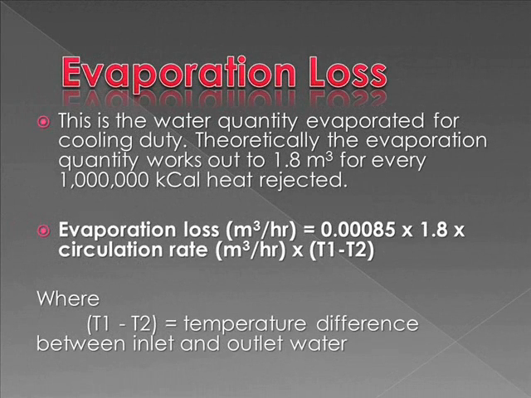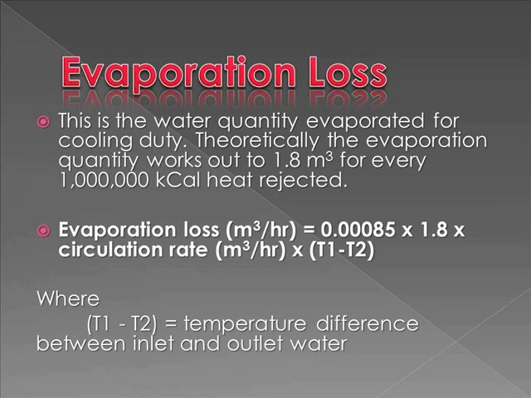And finally, evaporation loss is the water quantity evaporated for cooling duty. Theoretically, the evaporation quantity works out to 1.8 cubic meters for every 1 million kilocalories of heat rejected.